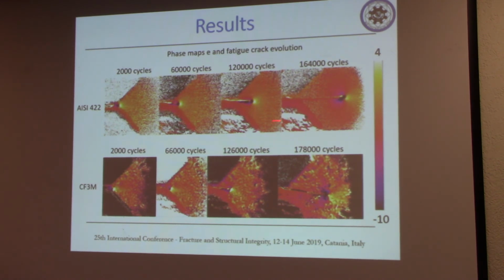Martensitic steel, austenitic one. You can see the different fatigue growth behavior of the two materials. We have a regular propagation of the crack following a direction orthogonal to the loading. In this case, we have a change in crack growth direction because of the different microstructures.